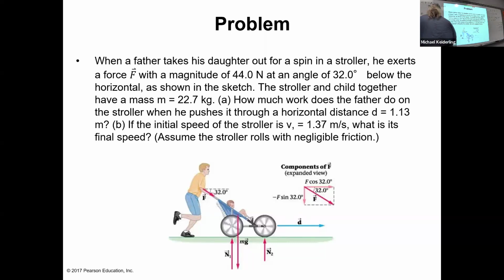This is square root of 2 times kinetic energy over mass.